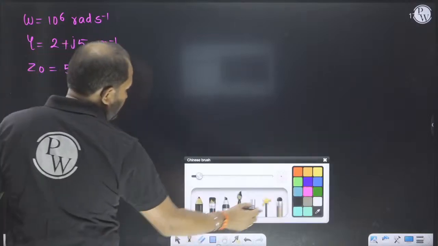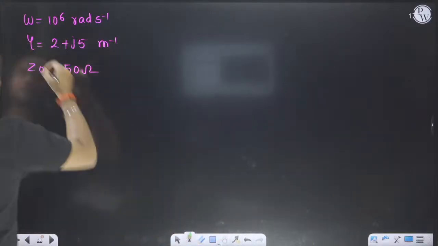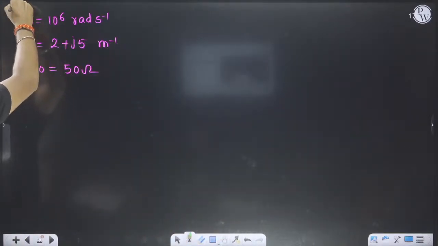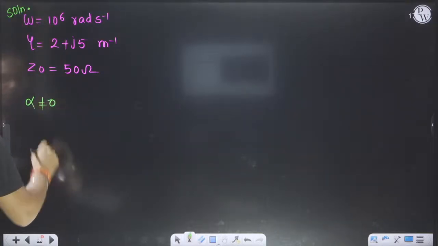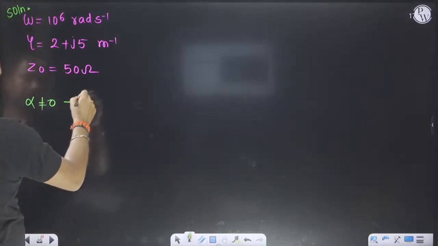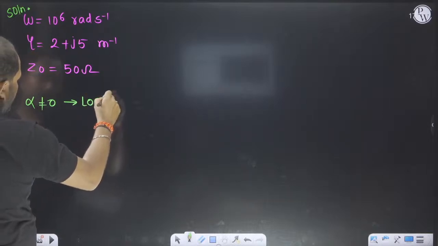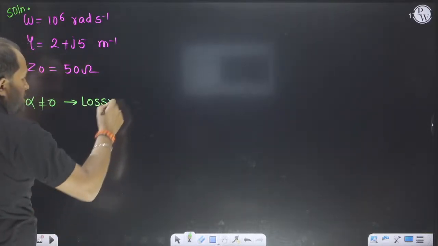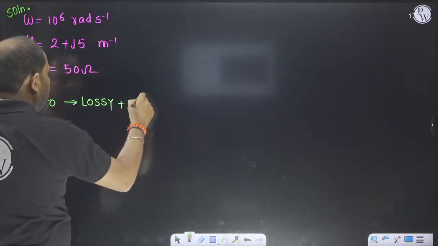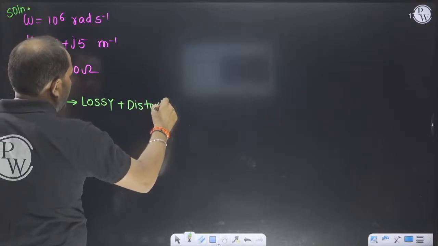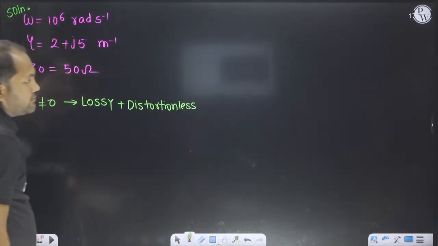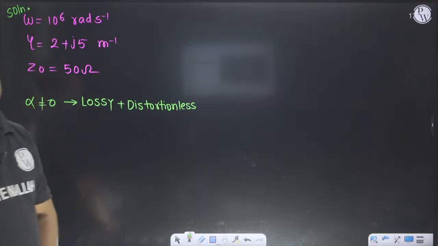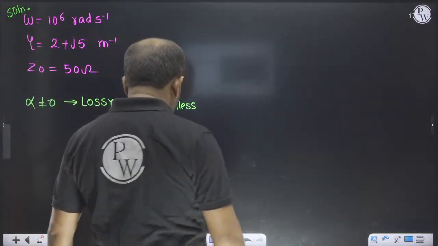Since alpha is non-zero, alpha is not equal to 0, that means it is lossy. Why is it distortionless? Because Z0 is real. So I will write something that you should remember.